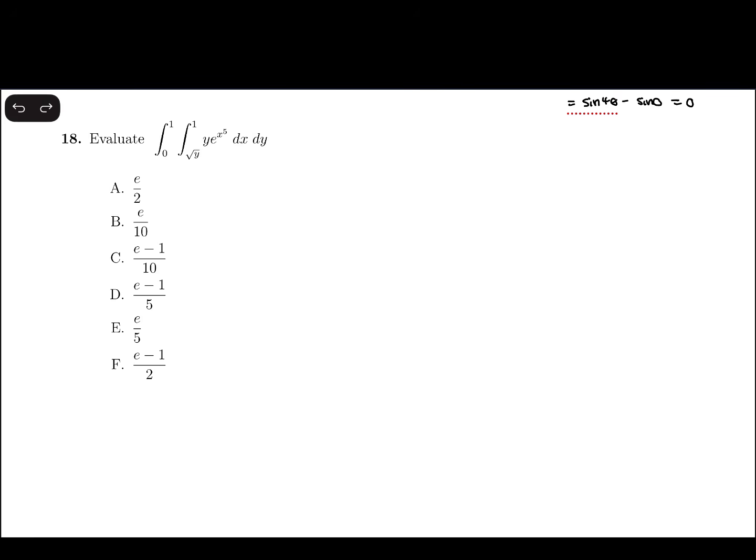So, let's sketch this out here. Our current bounds are dx between y and square root of y, which would look like this, and x equals 1. And from y, it just goes to 1. So 1, 1. These are our bounds right now. We want to change our bounds, so instead it's like this.